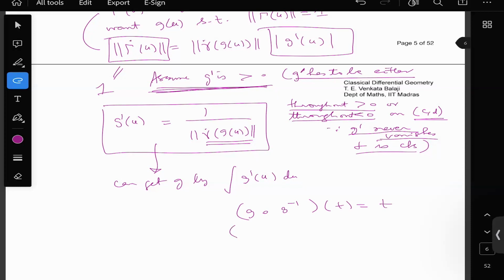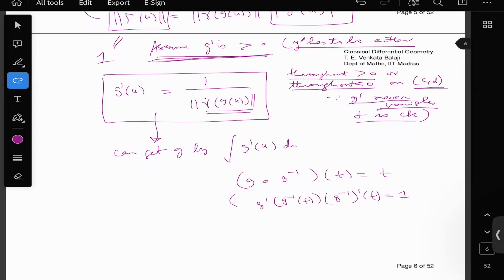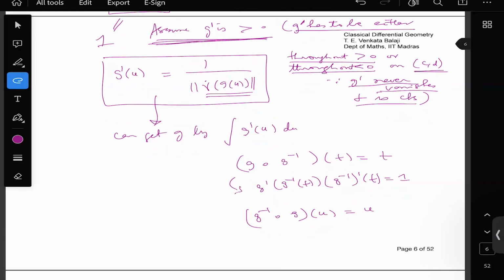So what this gives is, if you differentiate, you will get g dash of g inverse of t into g inverse dash of t is 1. And if you write it the other way, for u, you will write g inverse circle g of u is equal to u, and if you differentiate it with respect to u now, you will get g inverse dash of g of u into g dash of u is equal to 1.